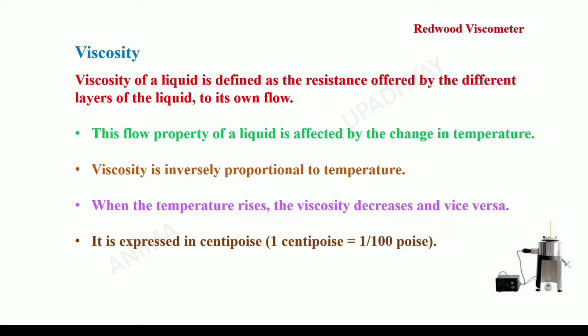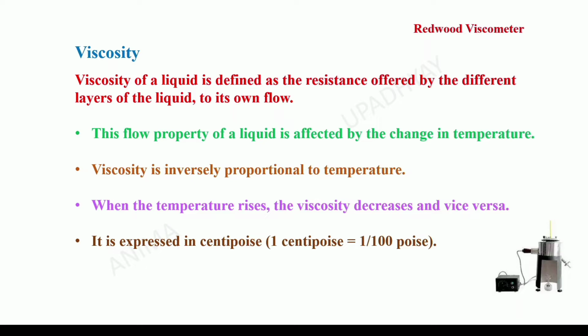Whenever we are determining the viscosity of a given oil, we must know the definition of viscosity. The viscosity of a liquid is defined as the resistance offered by the different layers of the liquid to its own flow.